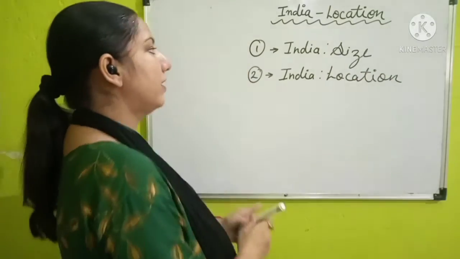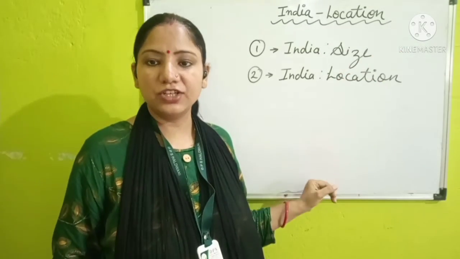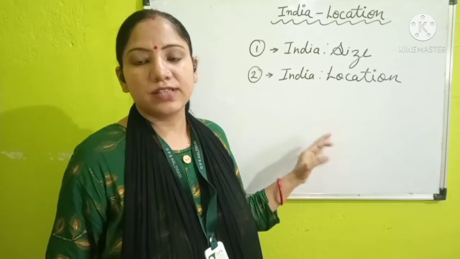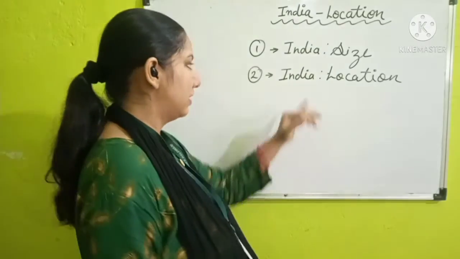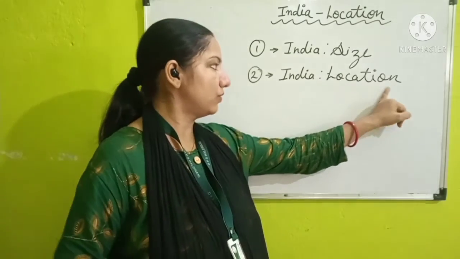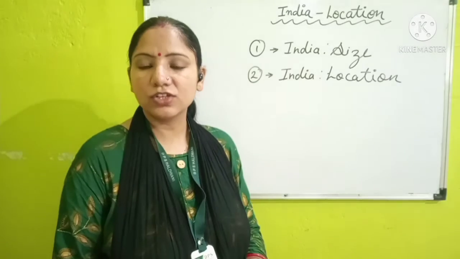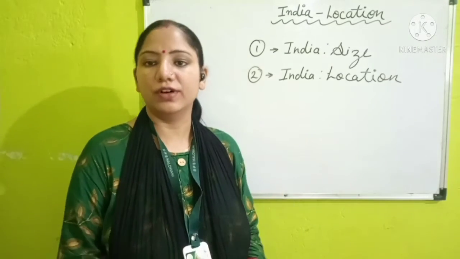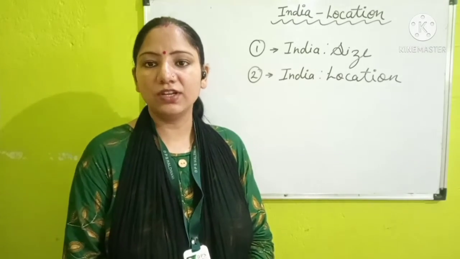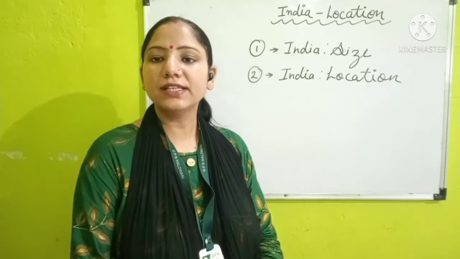In the first part we will cover the size of our country in longitude and latitude, and its size compared to other countries. In the second part of today's video, we will see the location, which hemisphere it is situated in, and the exact location of our country over the world. So let's start today's video with the introduction of the chapter, that is India, size and location.